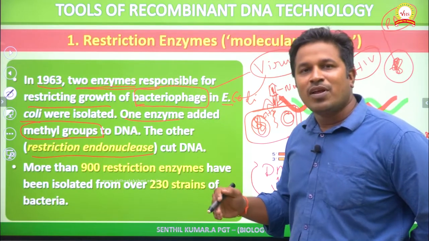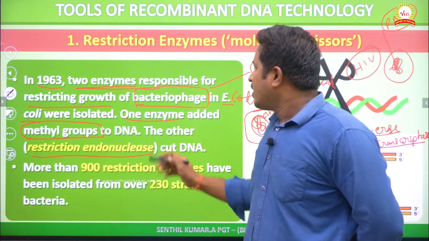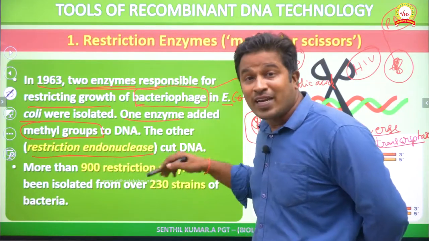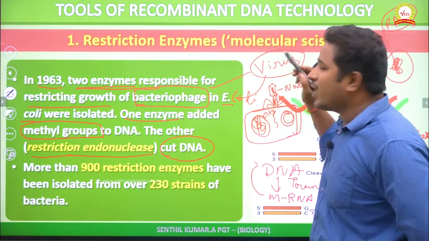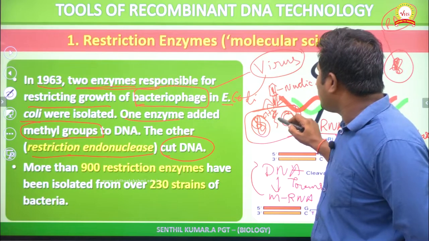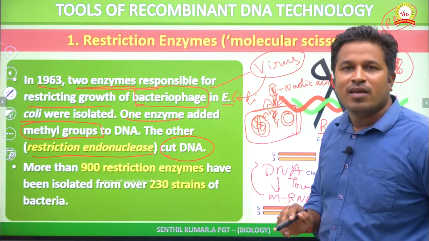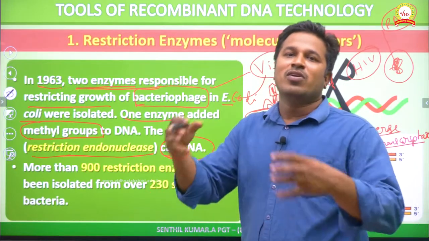Naturally it exists in bacteria. That restriction endonuclease cuts the DNA of a virus into small fragments. Because of that, the viral genetic material cannot be incorporated.